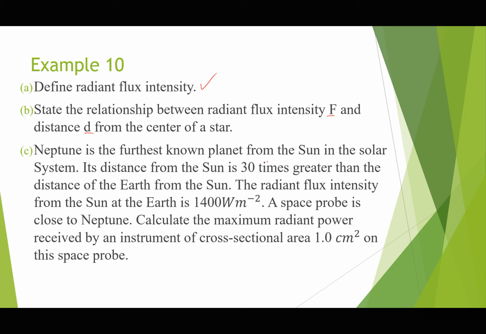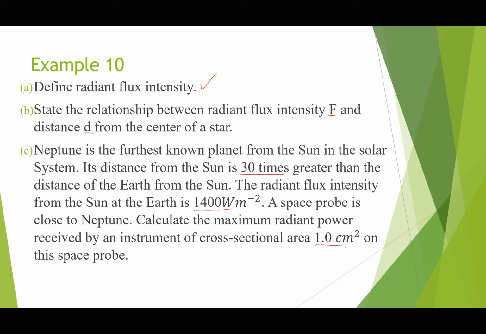Neptune is the farthest known planet from the Sun in the solar system. Its distance from the Sun is 30 times greater than the distance of the Earth from the Sun. The radiant flux intensity from the Sun at Earth is 1400 watts per meter squared. A space probe is close to Neptune. Calculate the maximum radiant power received by an instrument of cross-sectional area 1 centimeter squared on the space probe.